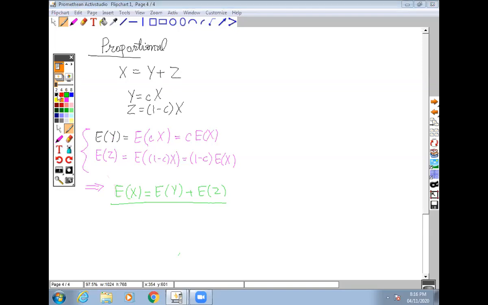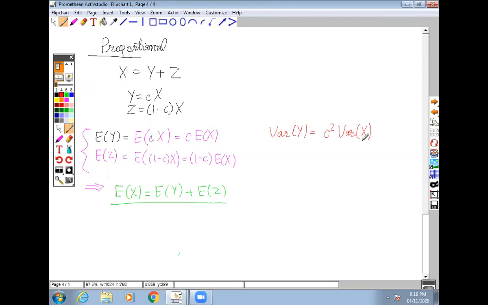Let us now try to figure out the variance. Let's see what happens with the variance. If I were to figure out the variance of Y, what will that be? C square times the variance of X. Yeah.